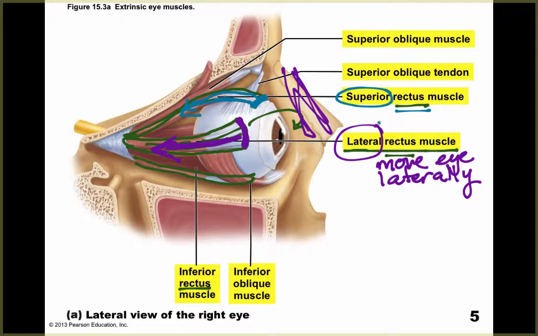It's going to elevate the eye. Now, because of its location as well, on top of elevating the eye, because it's a little bit closer here on the inside, this superior rectus is also going to make it go medially.